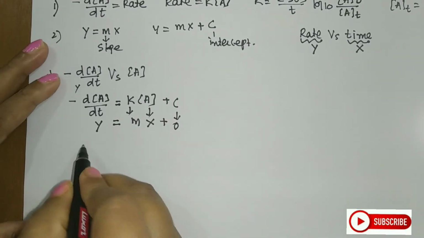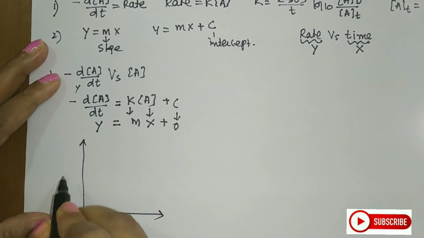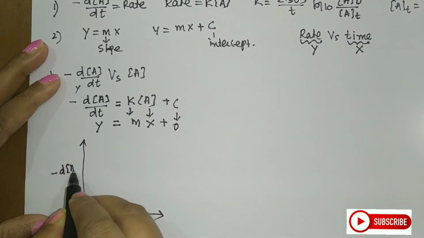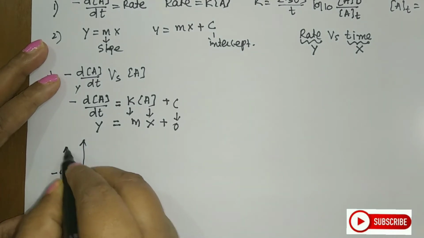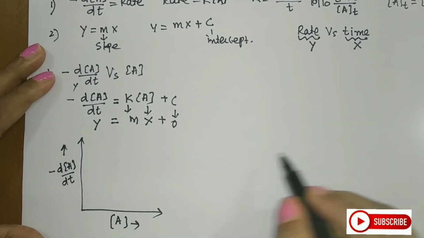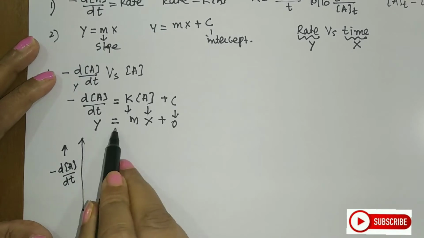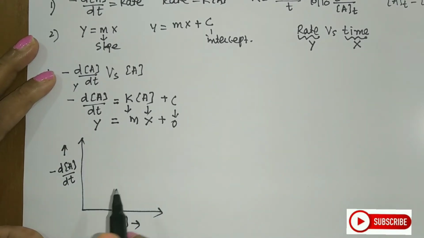So let us plot the graph now. The graph will be something like this. I will have here minus d concentration of A with respect to dt, and here I will write A. So this is my y-axis and this is my x-axis. Now I will plot the graph. Since y is equal to mx, there is no intercept, so the line will pass through the origin.